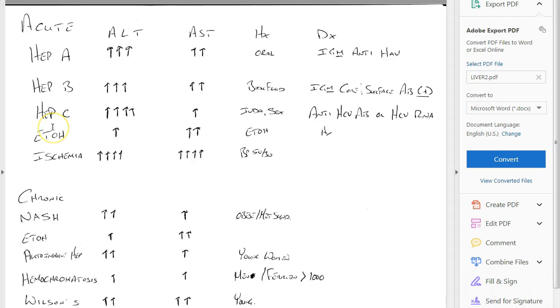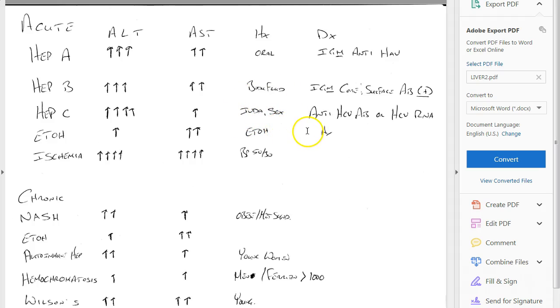Acute hepatitis C. Massive spike in ALT as compared to AST. Sometimes AST really doesn't even move that much. It can be normal, or maybe no more than 1.5 times the upper limits of normal. Huge spike in your ALT. History, typically IV drug abuse and sex. You can also have some alcohol-induced, but usually it's IVDA and sex.